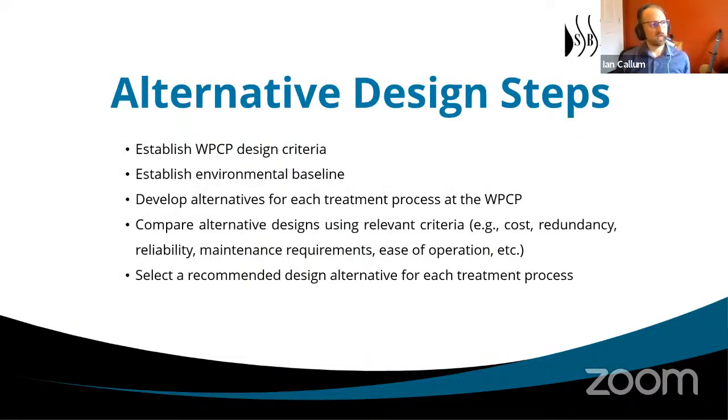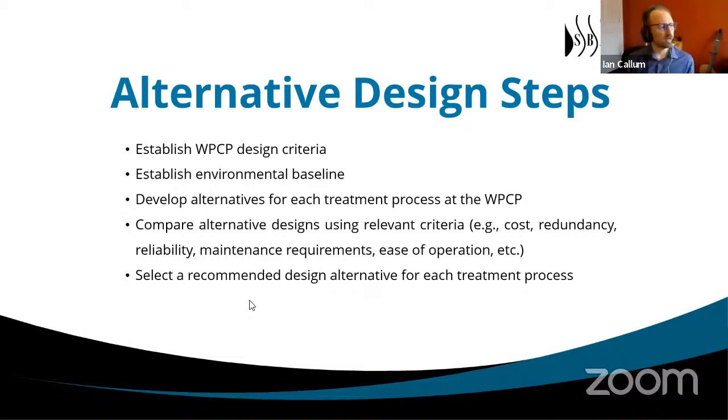In terms of the alternative design steps, the first thing we looked at doing was establish design criteria for the water pollution control plant. We established an environmental baseline in terms of what's there right now in terms of environmental features in, around, and at the effluent point and downstream from where the effluent discharges into the Besley drain and eventually joins up with the Boyne River.